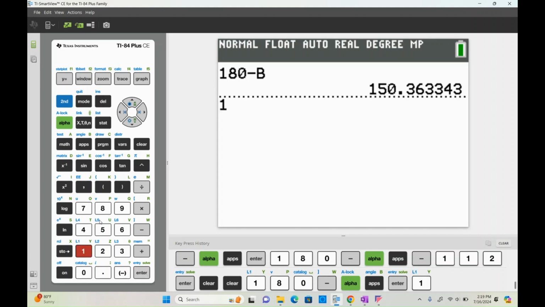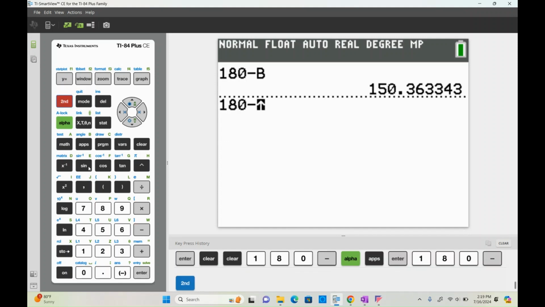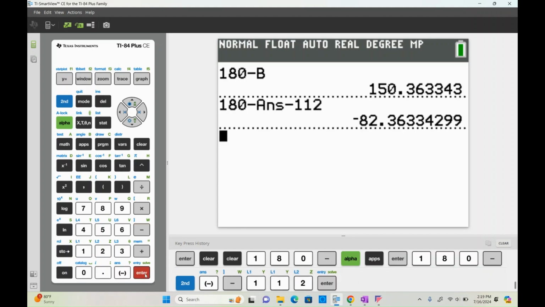So I want to do 180 minus this number, because this number that we're looking at here is B2. And then I want to also subtract away 112. Okay. So you can see this is giving us a negative 82.4.